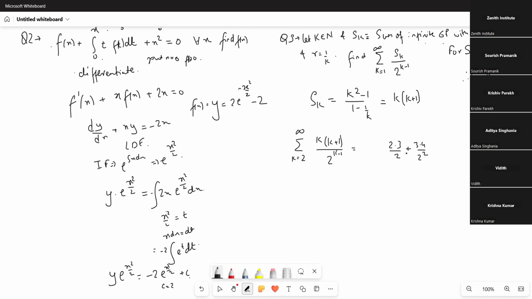So 2 into 3 by 2, 3 into 4 by 2 square, 4 into 5 by 2 cube, and so on. It will go on like this.